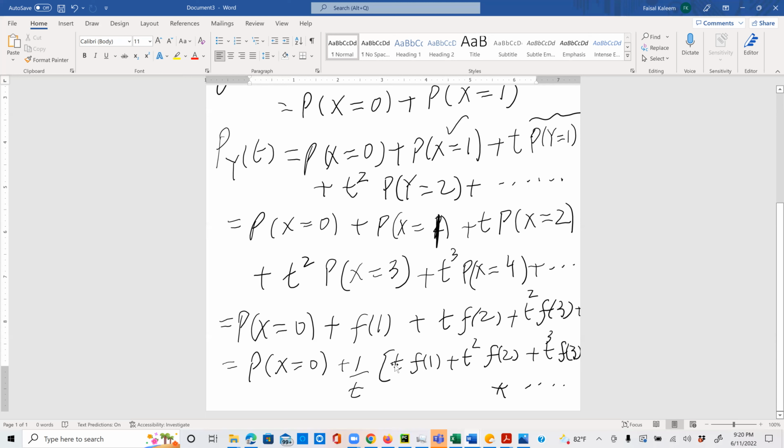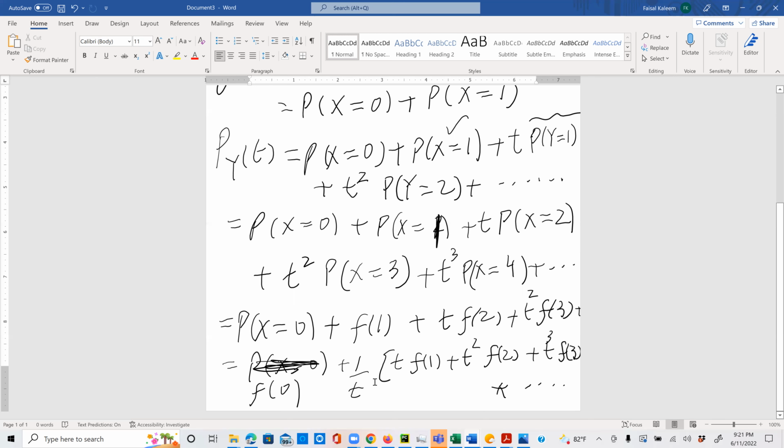We are missing f of 0 here. And now you see why we kept this one as separate. This is f of 0. We could not have included this one in this sum, because if you had divided by t, then you would have had to put a t with this one as well. Whereas in the expansion, the f of 0 does not have a t with it. So in fact, it's easier if we change this also to f of 0. So with the f of 0, we don't want any coefficient.